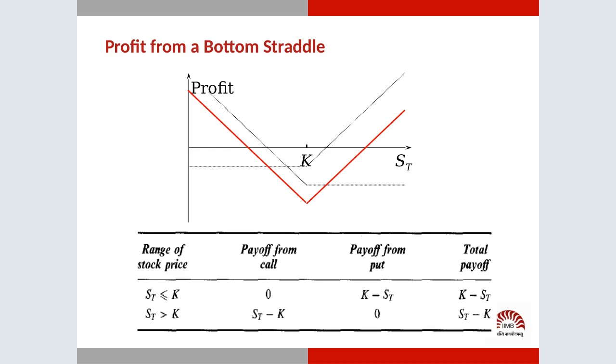Price will either move up or move down. And the second position I'm taking is that I do not know which way the price will move. The price can go up or the price can come down, and I'm trying to take protection on both, when it goes up or when it comes down.